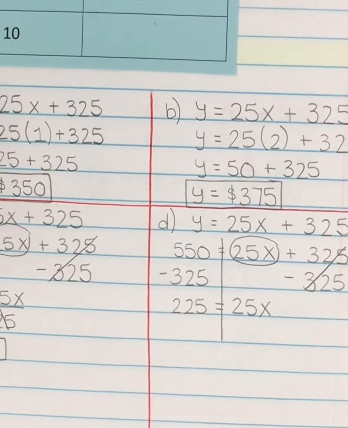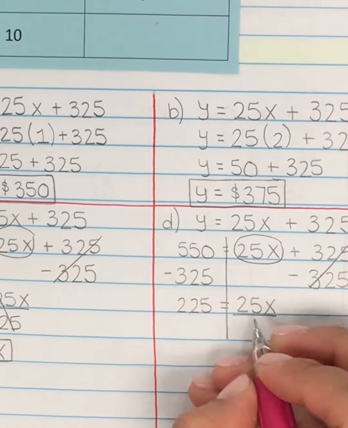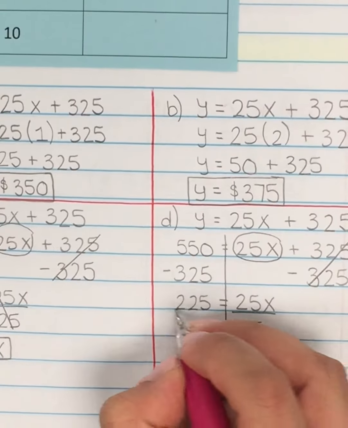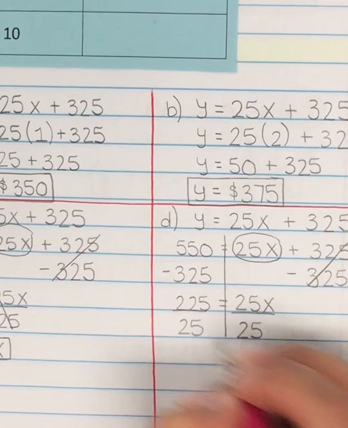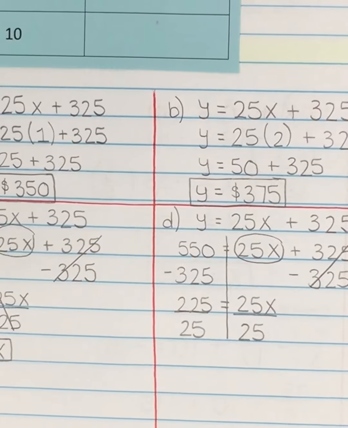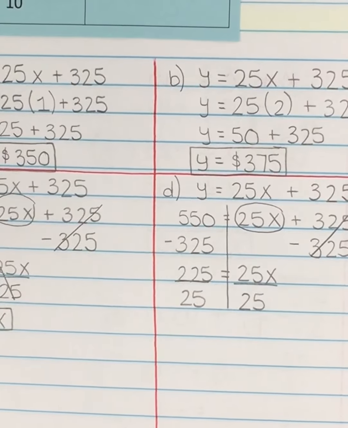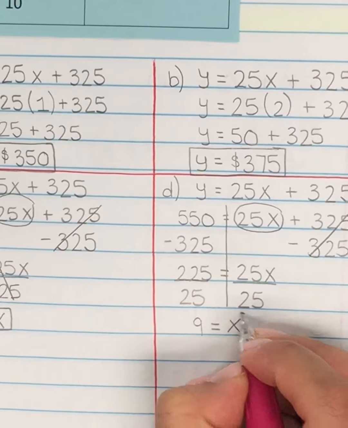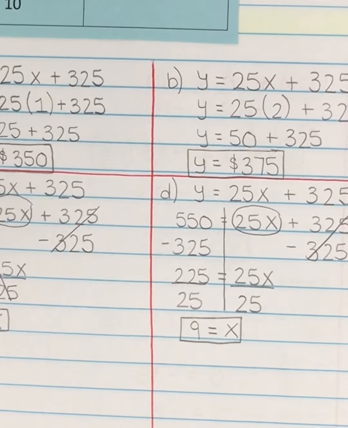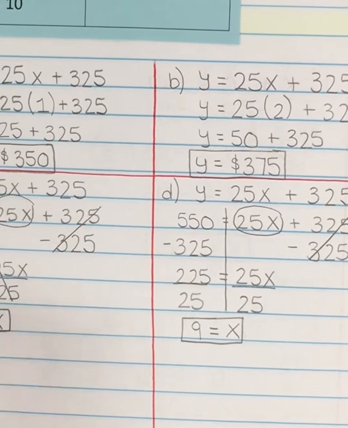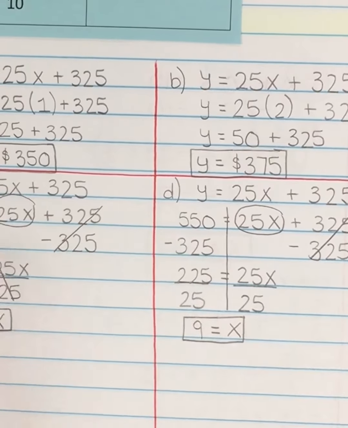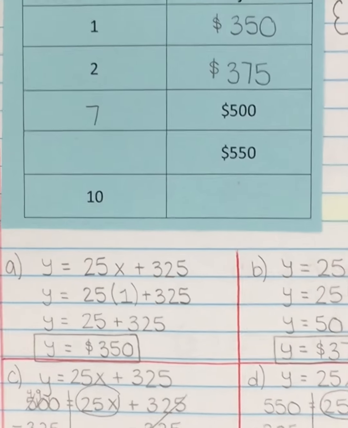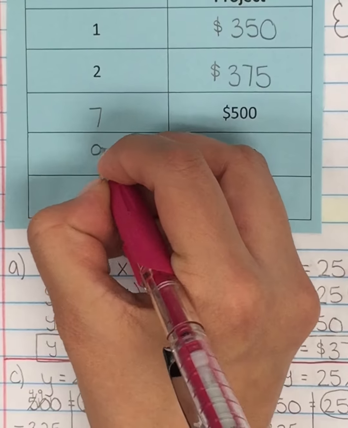And the last step was to divide by 25 on both sides. And your final answer should be 9. 9 equals x. Put a box around it and we're good to go. So if the total cost of the project is $550, then that means that there were 9 pages that were translated. This goes in my table.